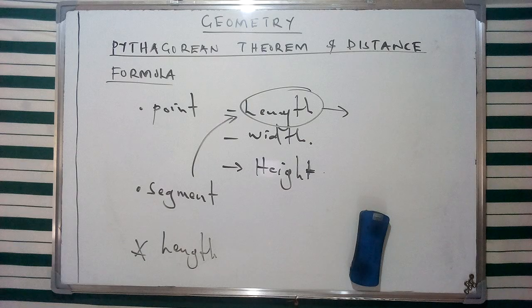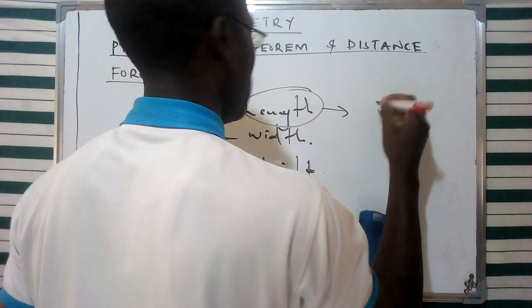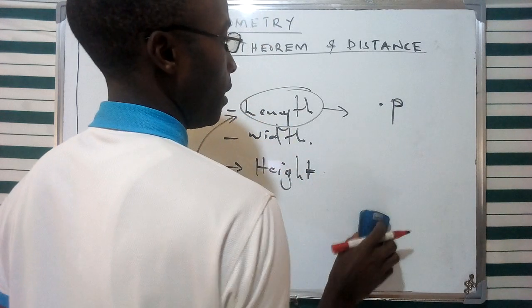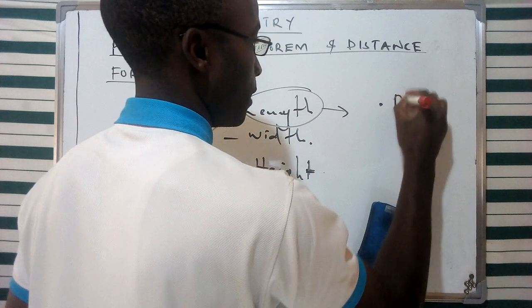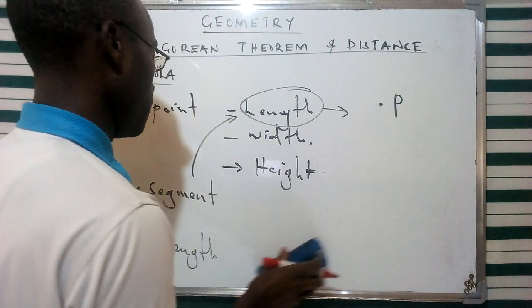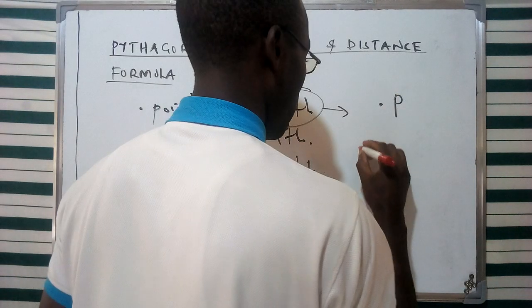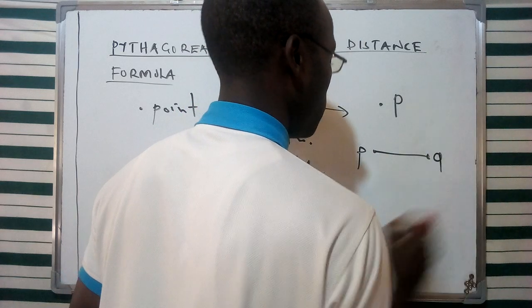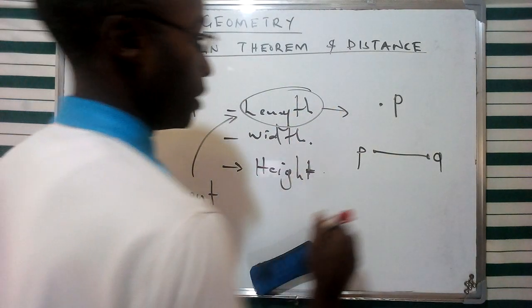the Pythagorean theorem. In this case, we can denote a point in space using a dot, and that is point P. For a line segment, this is the distance between two endpoints, which we can give as PQ.